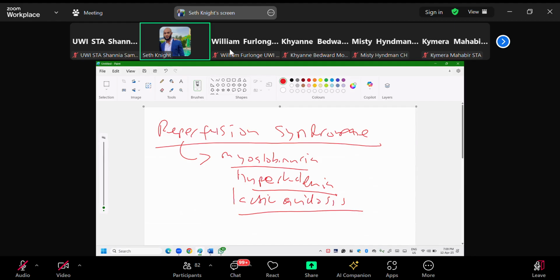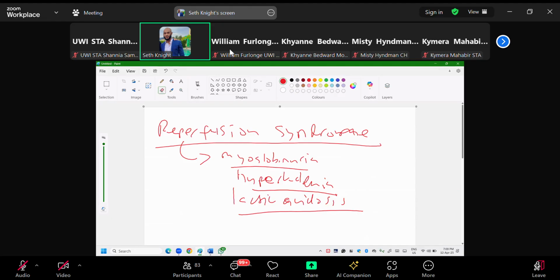Okay, so that's one thing that could happen as a complication of our reperfusion, whether it be a balloon embolectomy or whether it be PTLA or whether it be a bypass surgery. When you reperfuse tissue that has not had perfusion for some time, you're always at the risk of reperfusion syndrome. All right.